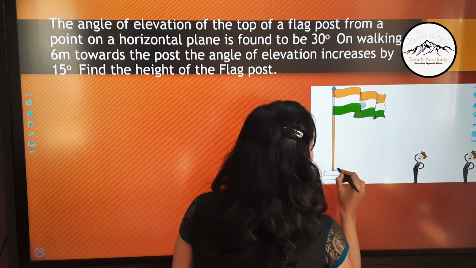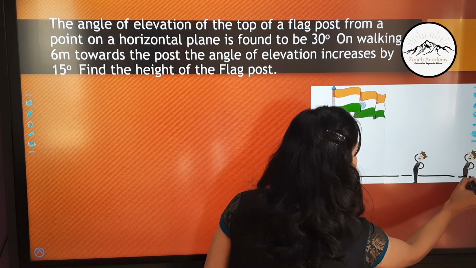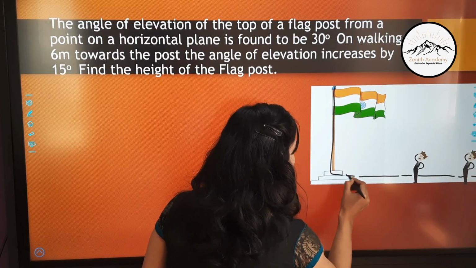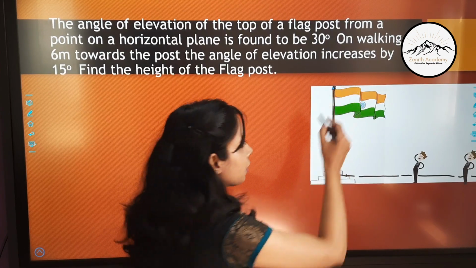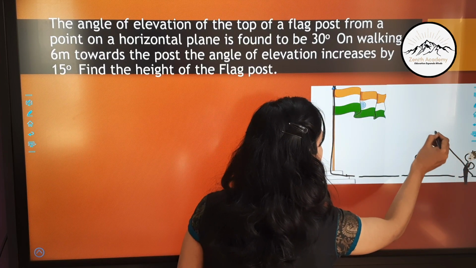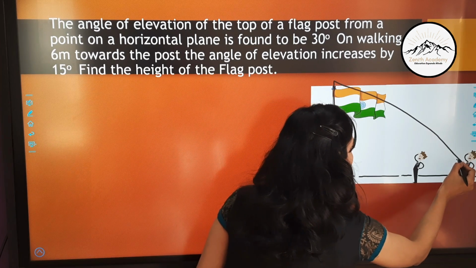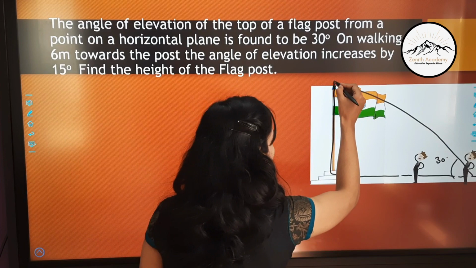See, this is our horizontal, this is the straight line, the height of the flag post here, and from here, let's suppose this is the angle of elevation. So this angle will be 30 degrees.